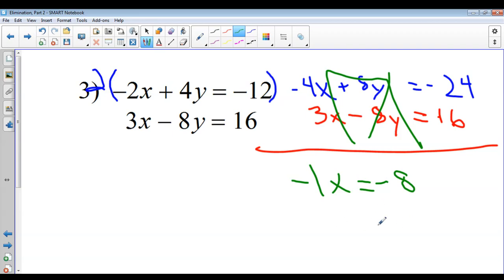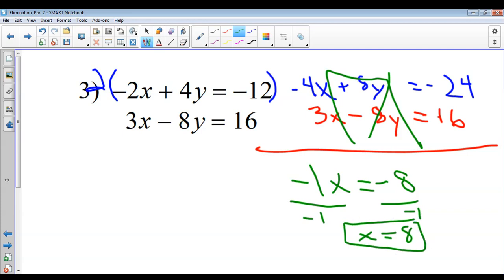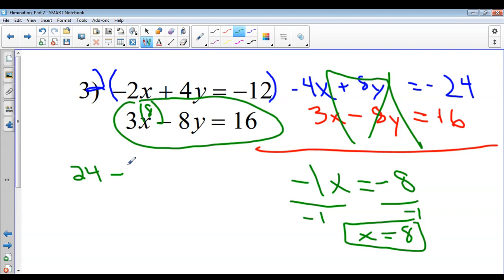And then I need to make the x positive, right? So I'm going to divide both sides by negative 1. And I'm going to get x is 8. And now I'm going to choose which equation I plug in the 8. I know I'm going for the bottom equation. So right here, I'm going to put an 8. And I'm going to go, all right, 24 minus 8y is 16.